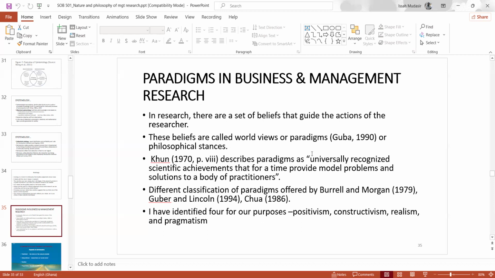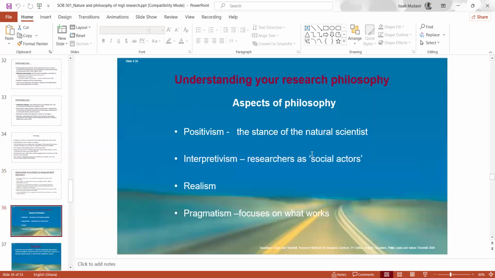Okay? In the end, those who don't want to stick their neck out say that they are pragmatists. Why? Because pragmatism does not attach itself to any philosophy. It focuses on what works at any point in time. If at a point in time positivism will work for you, you take it and do your work.